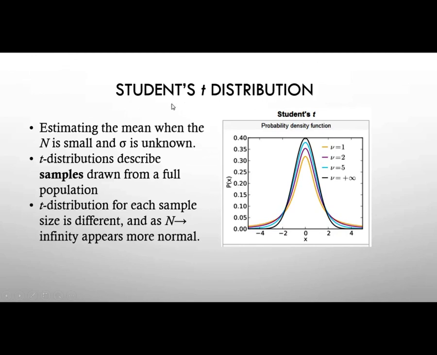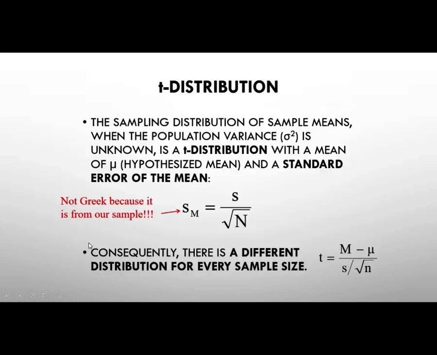Alright, so it's called Student's t, and it's estimating the mean when the sample size is small and we don't know the standard deviation. T-distributions describe samples drawn from full populations. The t-distribution for each sample size is different, and as n approaches infinity, it appears more and more normal.